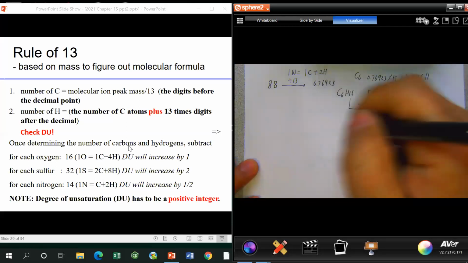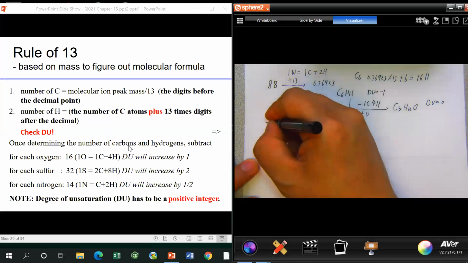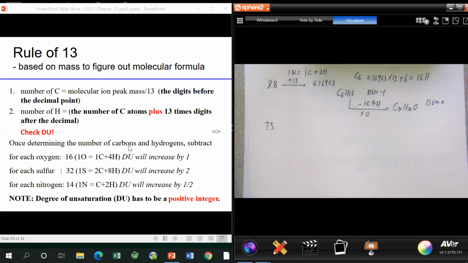So now we do another practice. 73. This time you guys just take a try, use the knowledge we just learned, apply rule 13, and also do the heteroatom replacement, and give me the right formula for this one. What's the right formula for this 73 mass?